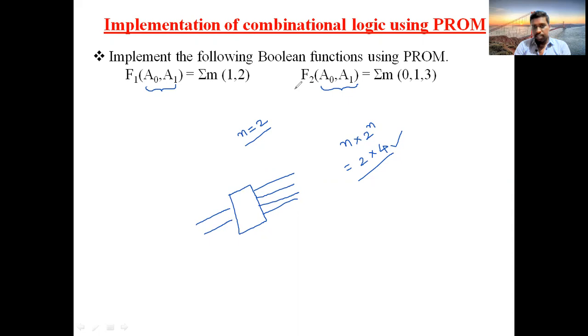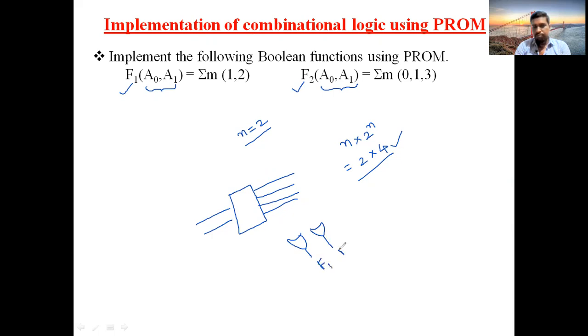You should observe how many functions are there in the problem, then take a separate gate for each function. As we are having 2 functions, F1 and F2, you should take 2 OR gates. This is one OR gate, this is one OR gate. This is for F1.